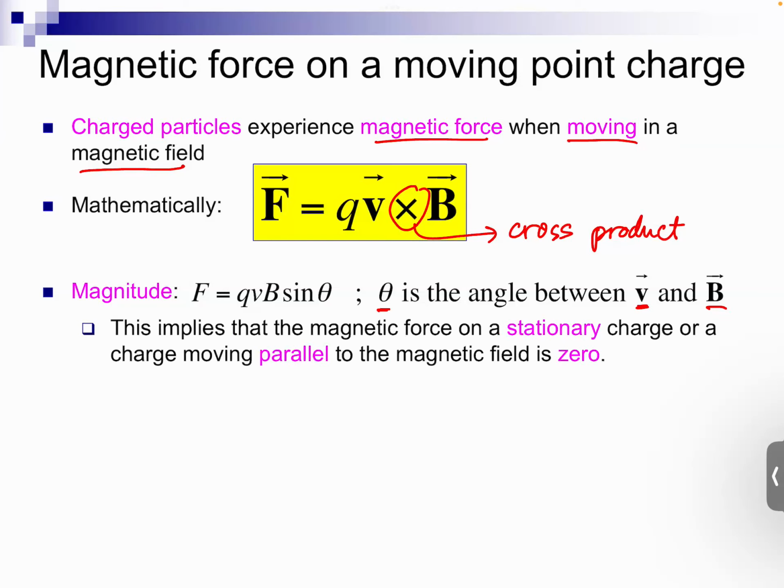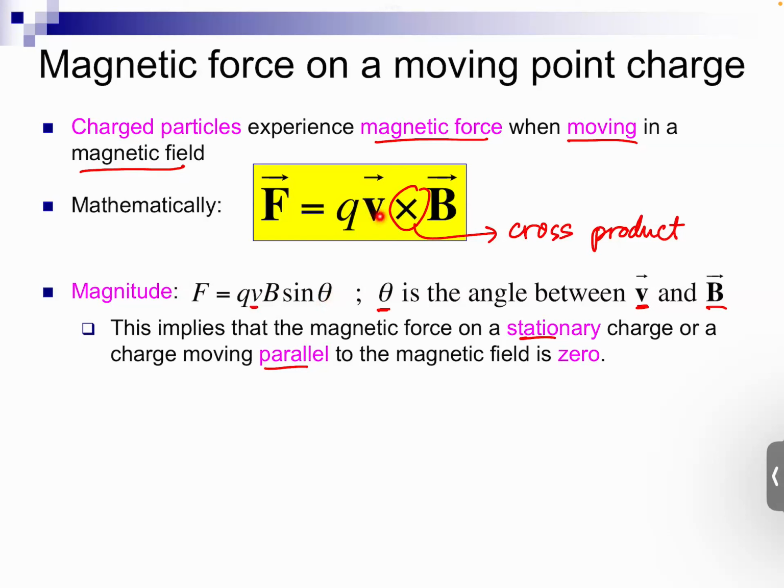And it also tells us that the charge will only experience a force if it's moving, if it has some speed v. If it's stationary, or if the charge is moving parallel to the magnetic field such that theta is equal to 0, right?